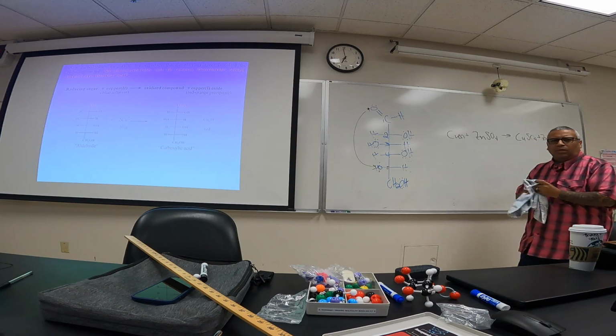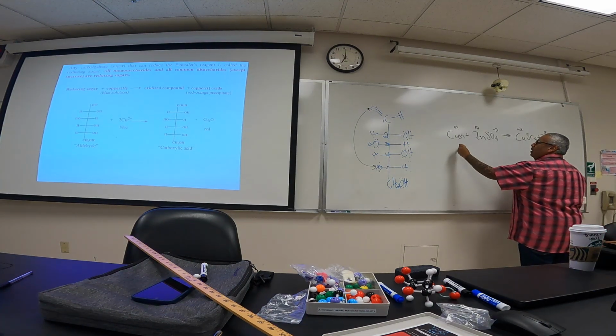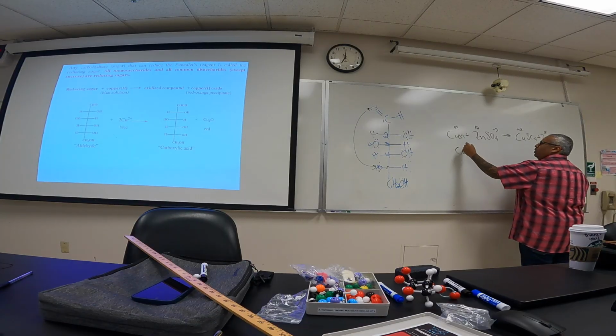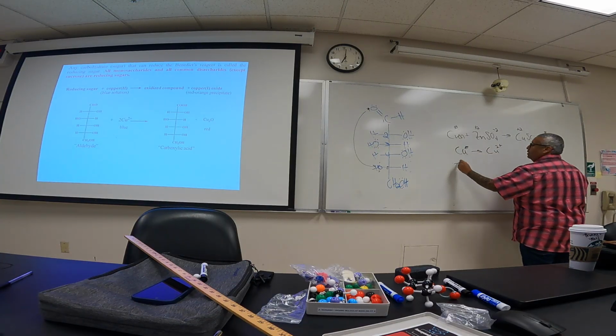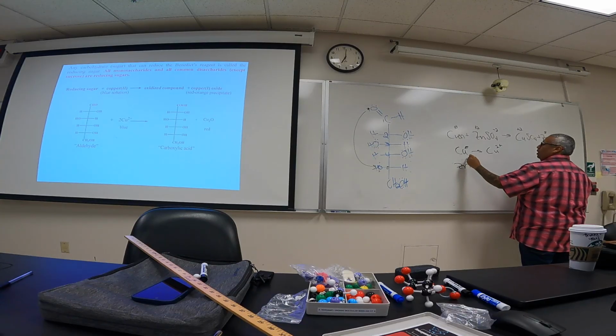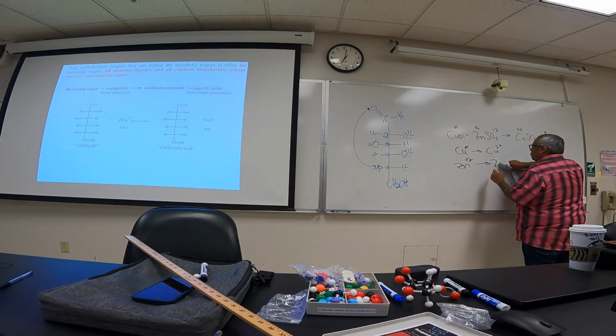If we go back to these rules of oxidation, copper goes from 0 to copper 2+. Zinc goes from +2 to zinc 0.